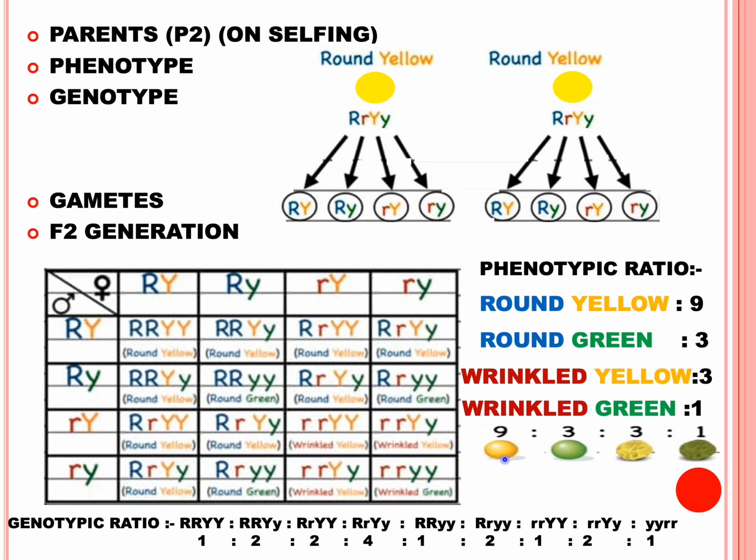You can see the ratio, 9 are the round and yellow, and 3 are round in shape but green in color, and 3 are wrinkled in shape but yellow in color, and 1 is wrinkled as well as green in color. So you can see that here the phenotypic ratio obtained in this dihybrid cross is 9:3:3:1.